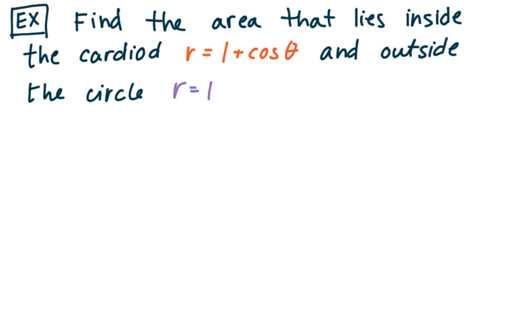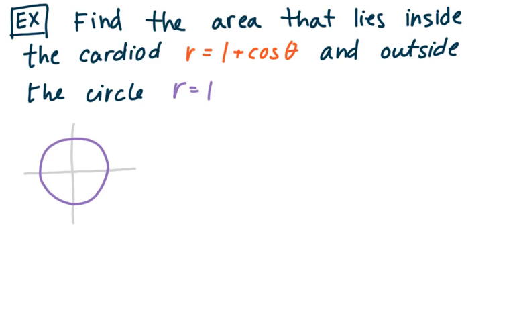For this example, we're going to find the area that lies inside the cardioid defined by the function r equals 1 plus cosine theta, and outside the circle r equals 1. Let's sketch our region first so we can set up our bounds and solve this polar double integral.